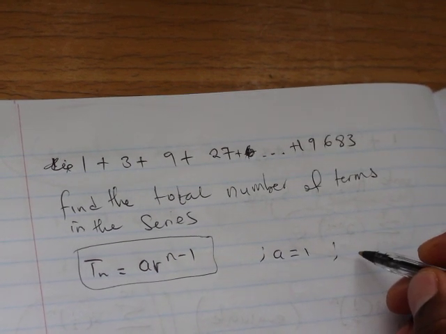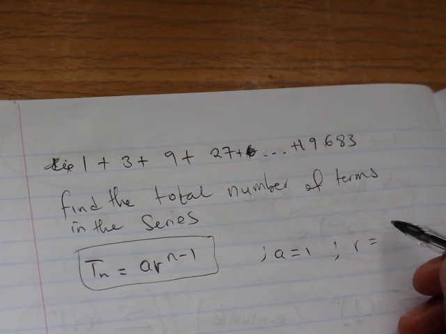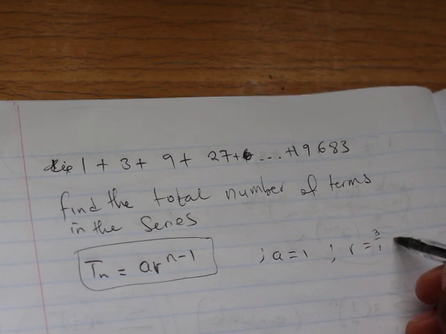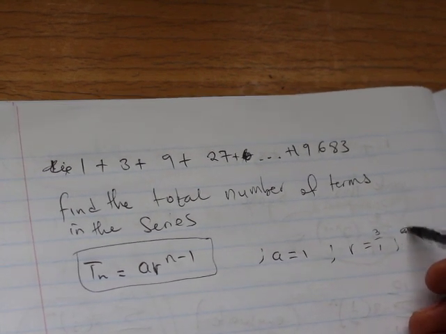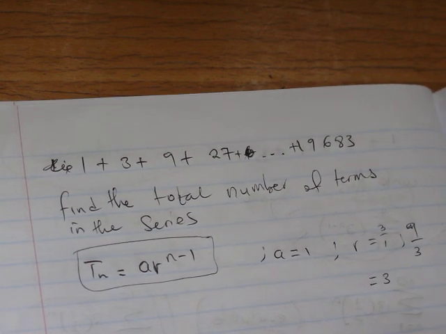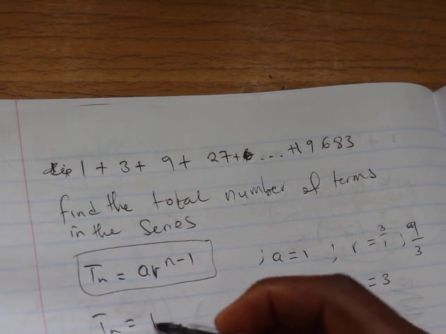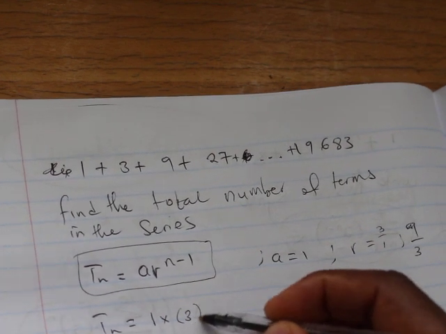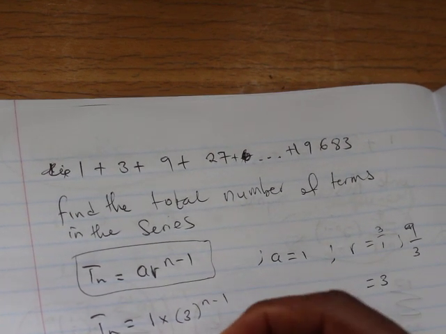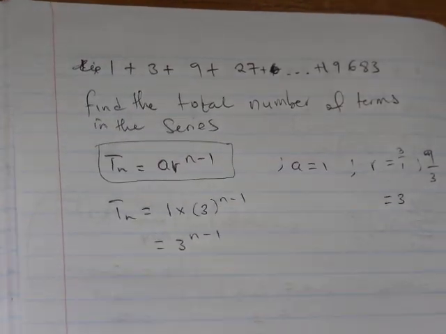Also, we need to figure out what the r is. r is simply equal to 3 over 1, 9 over 3, and so on and so forth. So it's basically 3. Okay, so let's do the substitution. We've got the a and the r. 1 times 3 to the exponent n minus 1. So 3 to the n minus 1 is basically our general term.